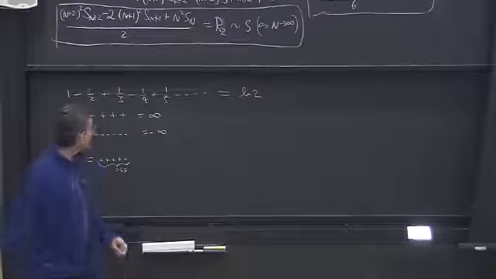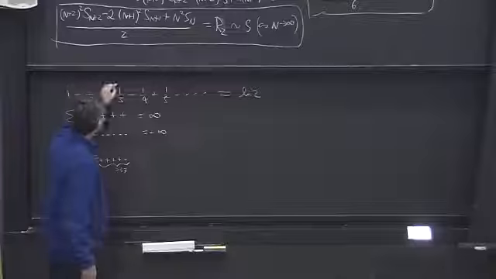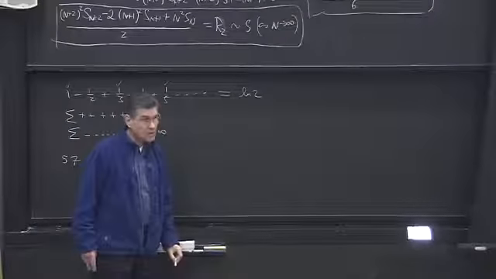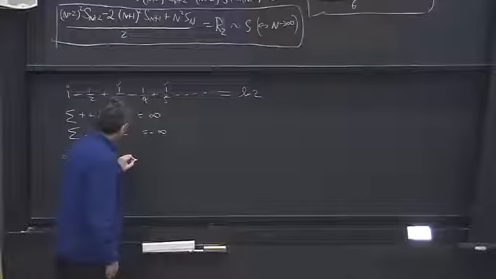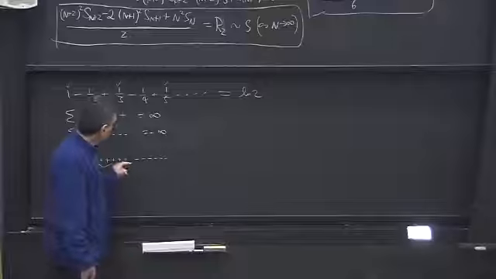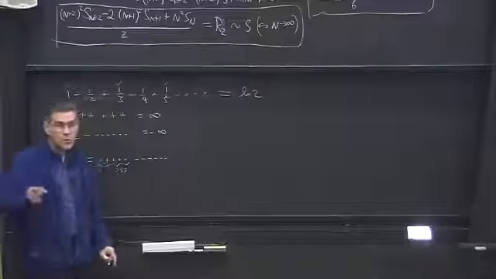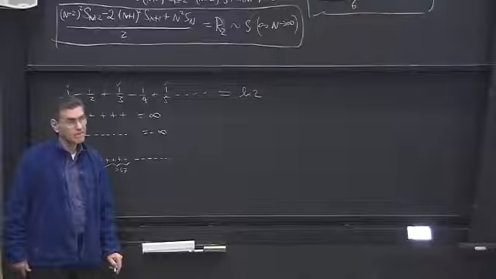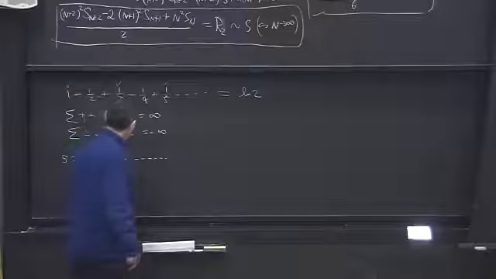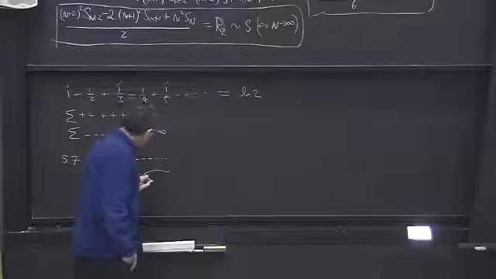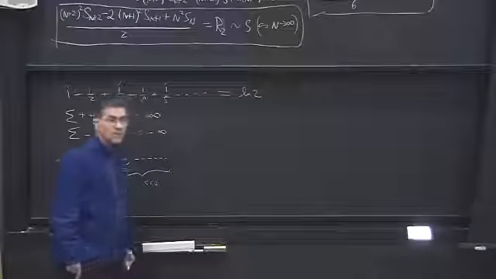I take them in order, until it's bigger than 57. Then I start using negative numbers. I add on the negative numbers until it goes just below 57.